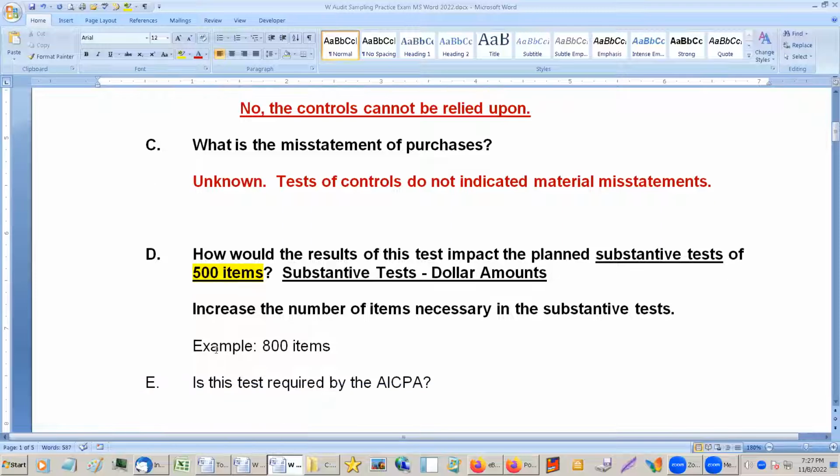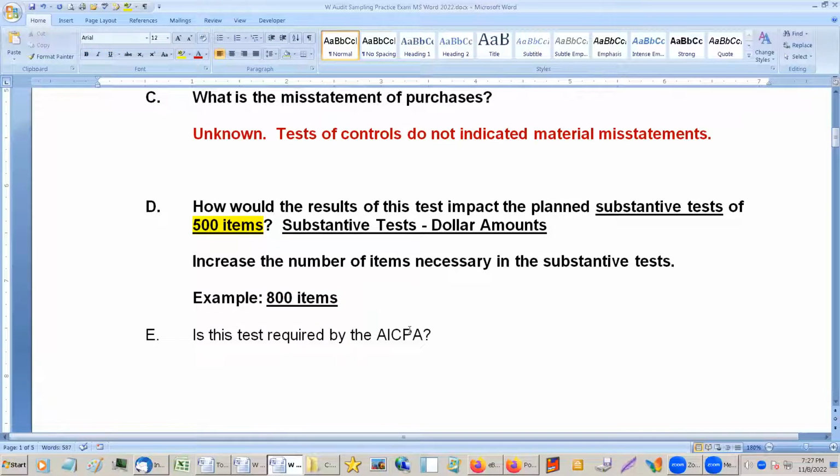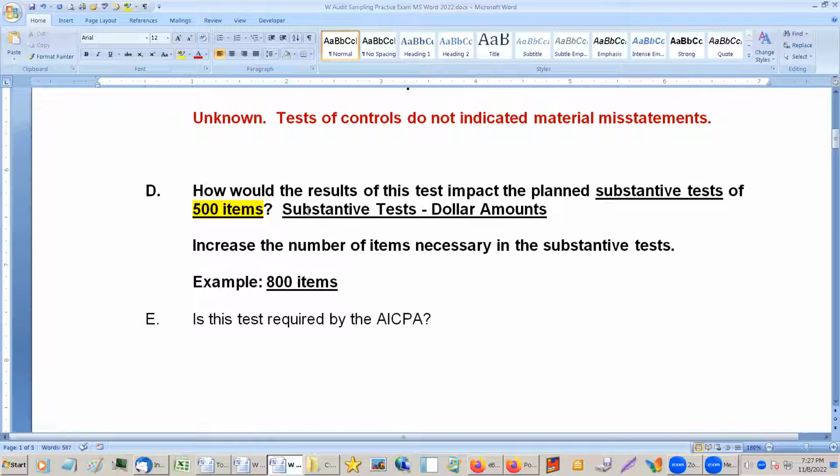For example, I just made this up. Maybe you take 800 items. If you can't rely on the controls, then you have to rely more heavily on the substantive tests.